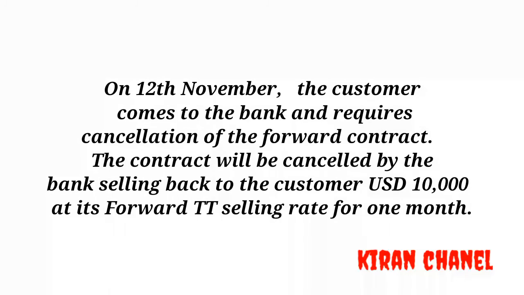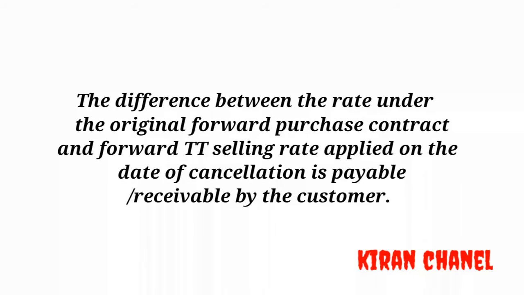The contract will be cancelled by the bank selling back to the customer USD 10,000 at its forward TT selling rate for 1 month. The difference between the rate in the original forward purchase contract and the forward TT selling rate applied on the date of cancellation is payable or receivable by the customer.